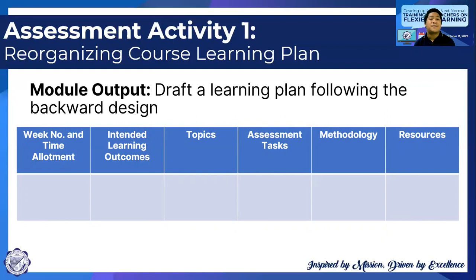First is the week number and time allotment. That is very helpful for flexible learning, where we identify the week number and time allotment of the intended learning outcomes. For this week, these are the intended learning outcomes to be covered. And then, what are the topics related to these intended learning outcomes? After knowing the topics, of course, you need to prioritize.